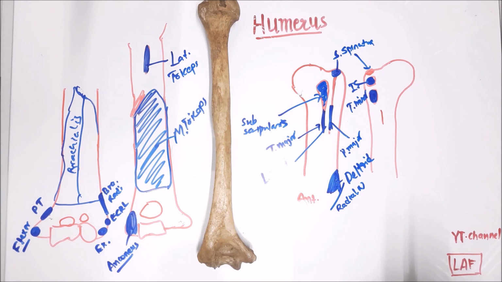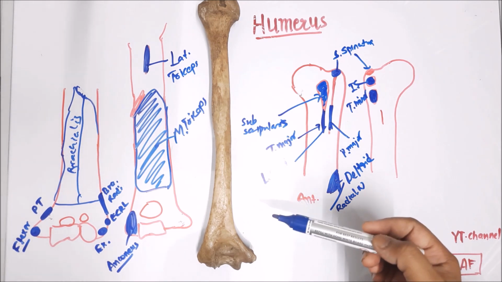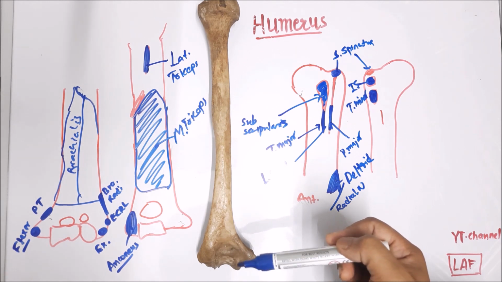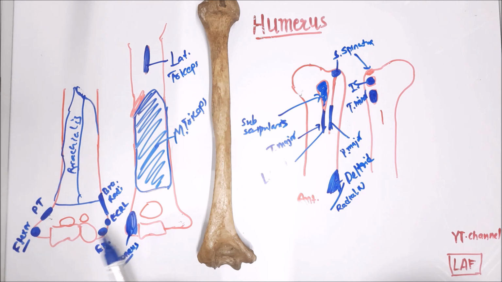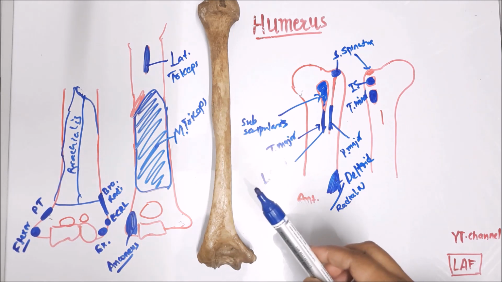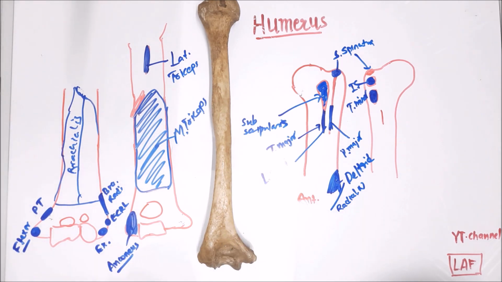Now at the lower end is the attachment of the capsular ligament of the elbow joint. The capsular ligament of the elbow joint includes all the articular surfaces and also all the fossae, but not the epicondyles.